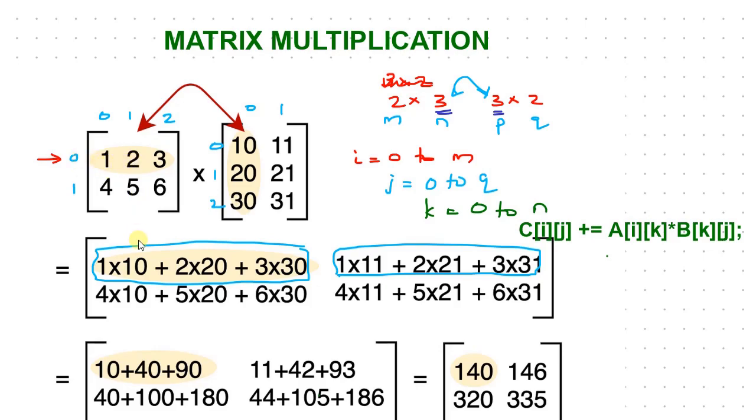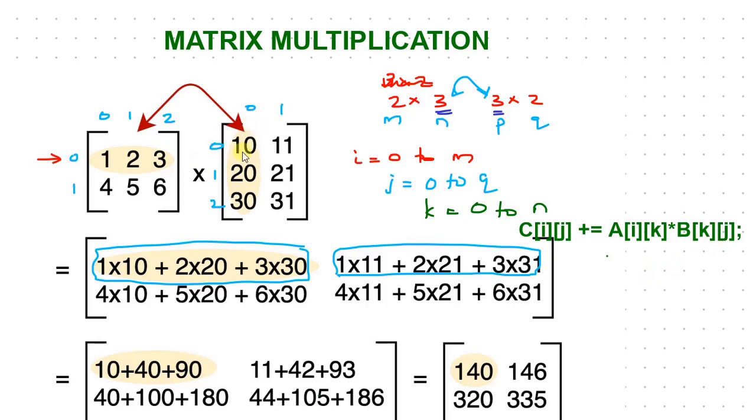For 1, 2 and 3, the i value remains the same. Okay, and the j value also remains the same, because here the j value is 0. Okay, 10, 20, 30, the j value will always be 0, right? So the i and the j remain the same, and when we are taking from the first matrix, we are taking the first row only. That's why the i will always be the same over here.